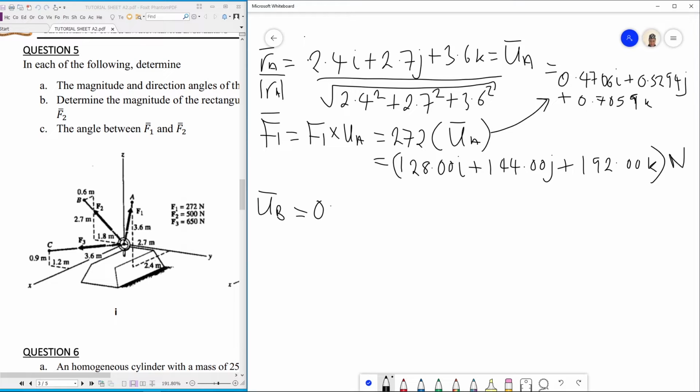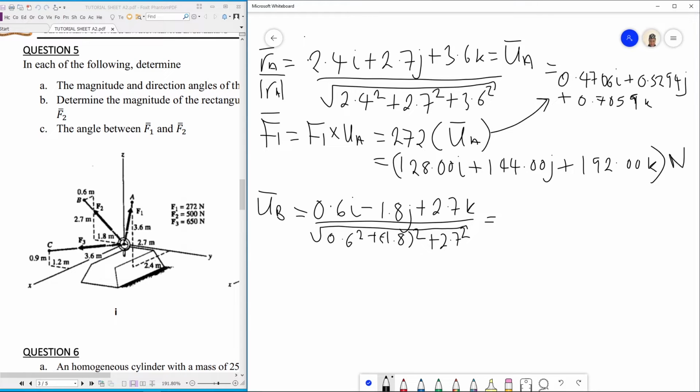We have 0.6 I, and then that's minus 1.8 J, and then in the K direction it's plus 2.7 K, over the magnitude of this: 0.6 squared plus minus 1.8 squared plus 2.7 squared.